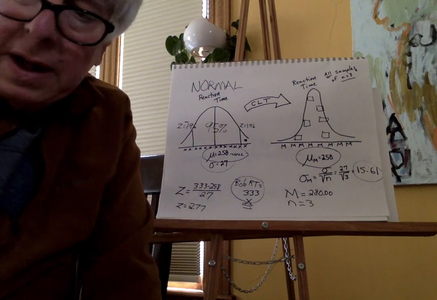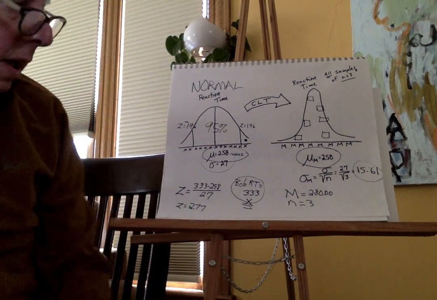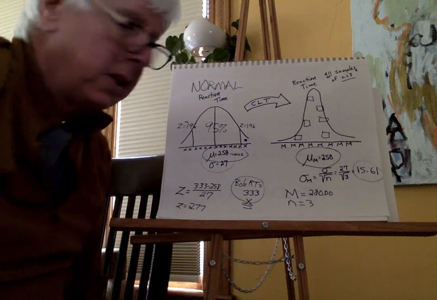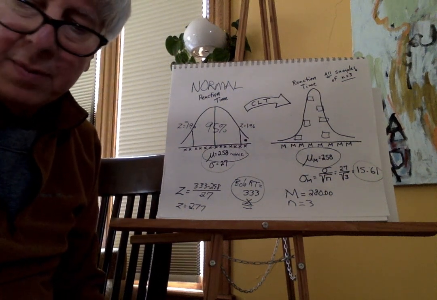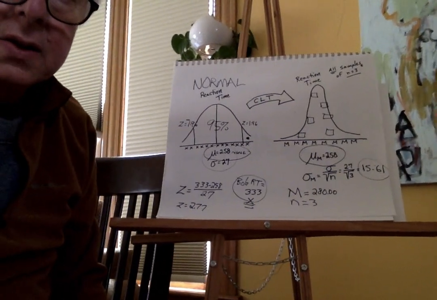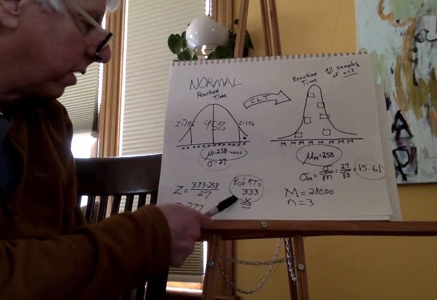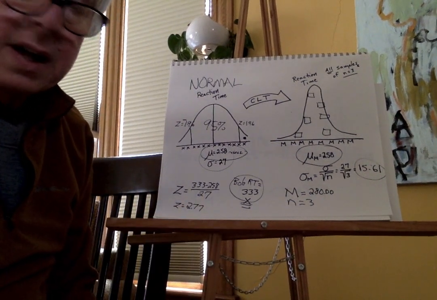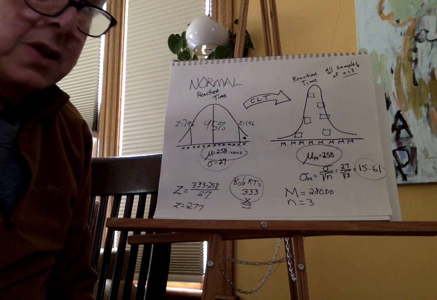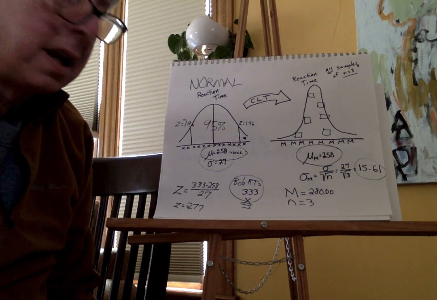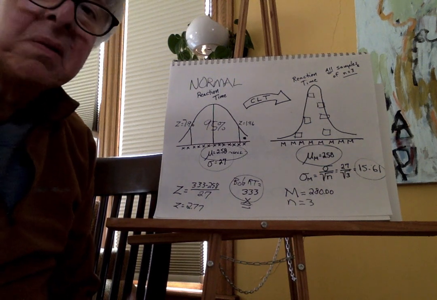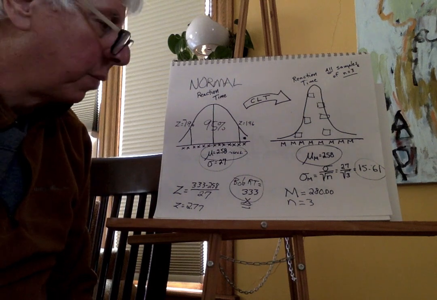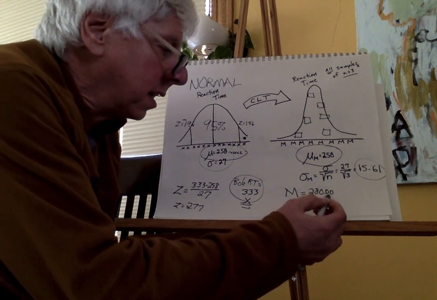So here's right where we left off, and we were going to get a z-score for Bob. Remember, Bob sort of insisted that his reaction time of 333 was not representative of his real reaction time. So we decided to let him do 3 trials. We calculate Bob's mean, and here it is.